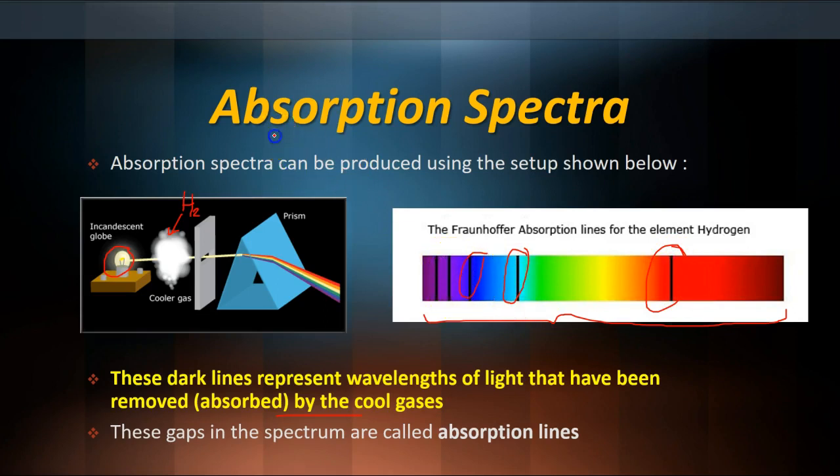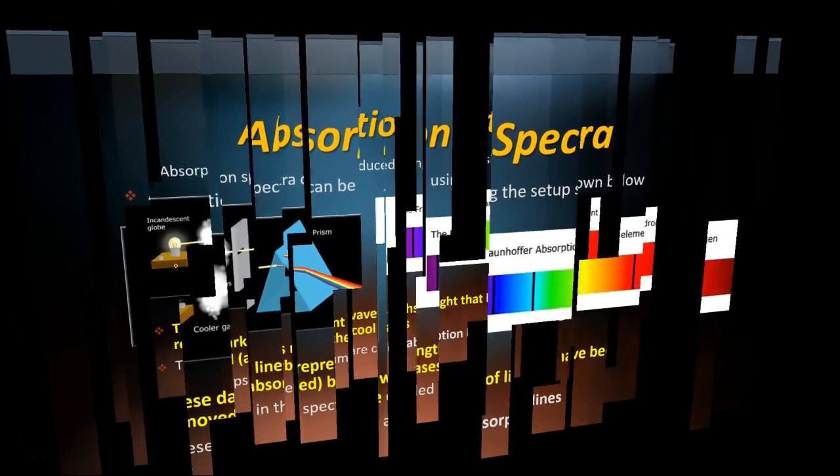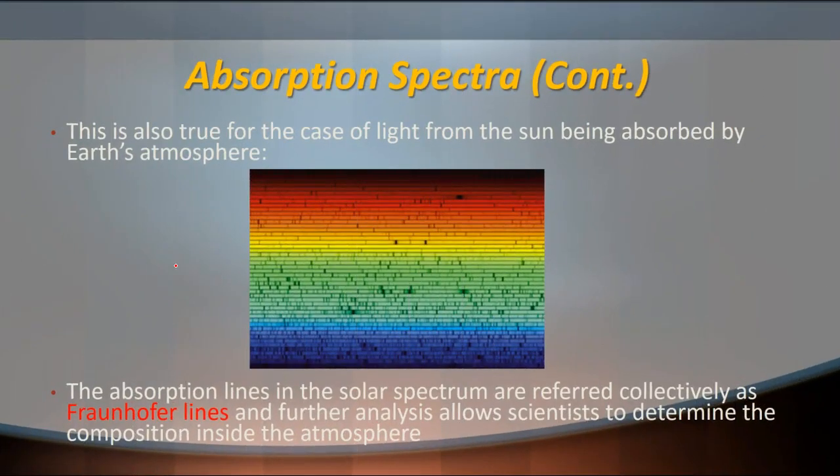So this is what we call absorption. In the white light, some of the energy is absorbed by the element. Again, by looking at the dark lines, you will know what kind of element you have as your cool gas. Moving on, these are the lines that we get from our sunlight.